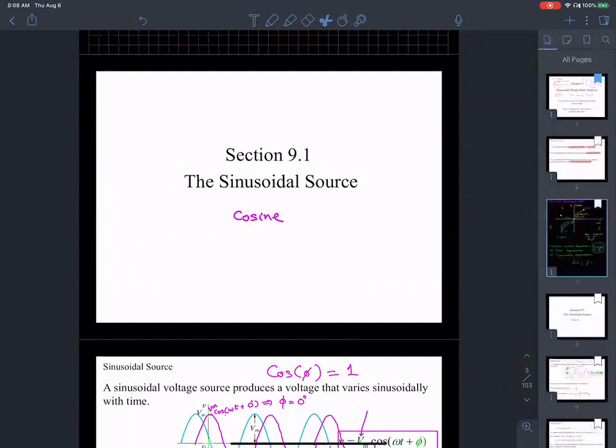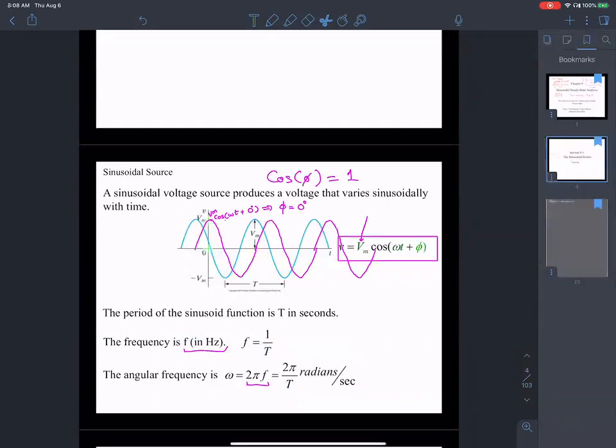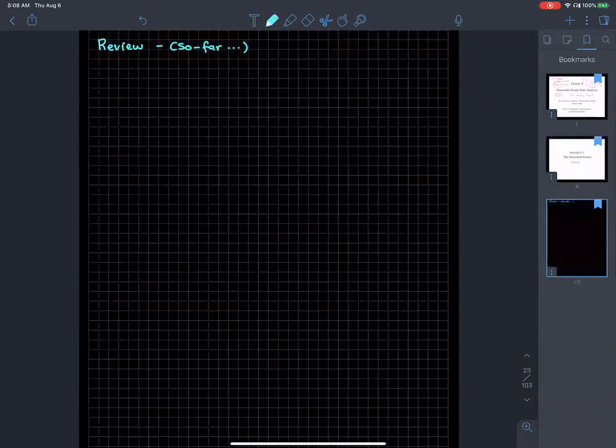Okay, the idea of a sinusoid. The idea of a sinusoidal wave where we use cosine. V of t is Vm cos(omega t plus phi).